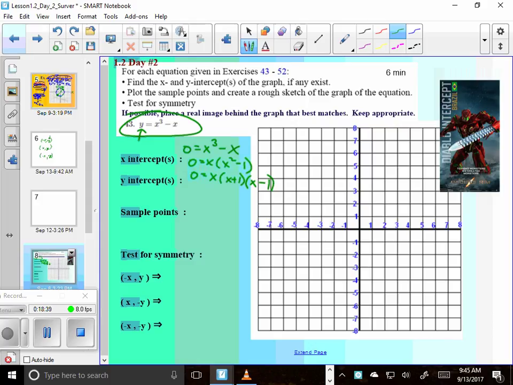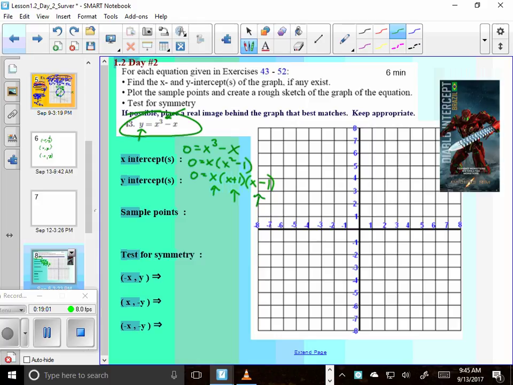Why am I doing all of that? Because I'm solving it. I'm trying to find x. Now, that equals 0, that equals 0, and that equals 0 are my three answers. How would I have known there was going to be 3? Because if it has a 3 right there, then you're going to get 3 answers.